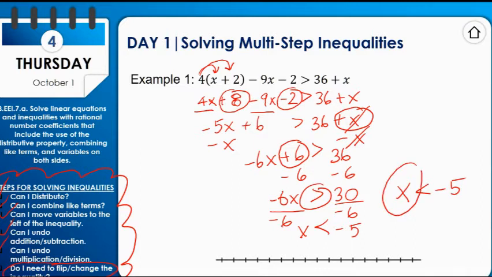What does that mean? All of my values for x must be less than -5 in order to make this inequality true. So if I make this value -5, -4, -3, -2, -1, this is 0, and I'm going to pick -10, 5, 6, 7, 8, 9, 10.